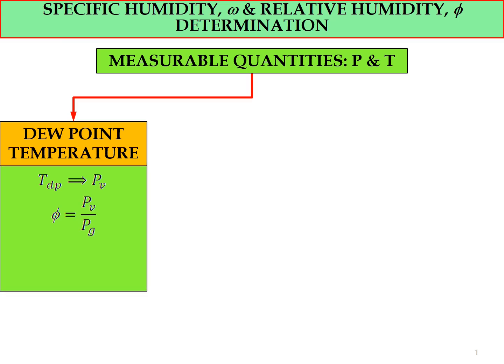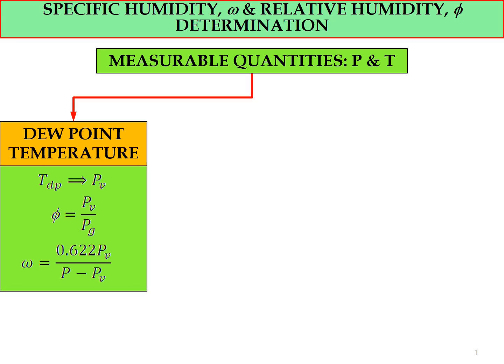And by using the basic formula for relative humidity psi, where psi equals PV divided by PG, we can substitute the PV value, and the PG value we can determine from the saturated water table, where PG equals P saturated at the specific temperature. So we can determine the value of relative humidity.